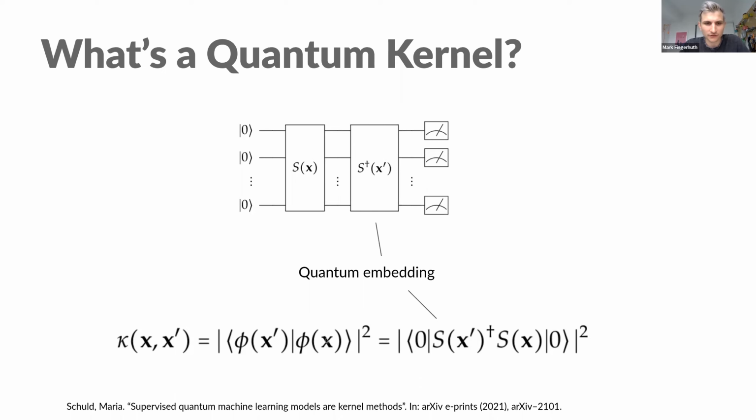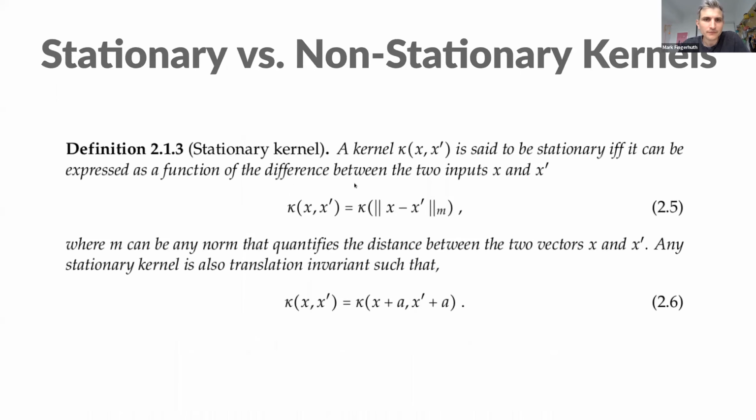And then there's this trick of rewriting this inner product of feature vectors as essentially just the application of the data encoding circuit on X, followed by the application of the inverse of the data encoding circuit on X prime. By doing that, we can implement this quantum kernel rather efficiently on a quantum computer.